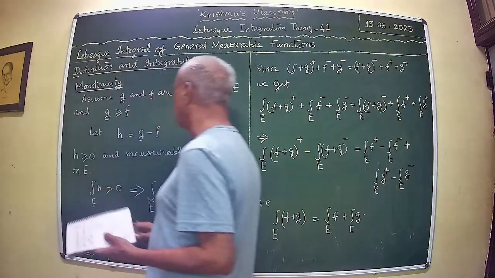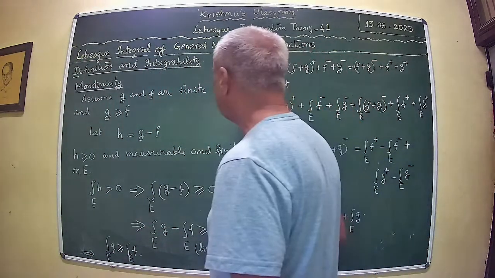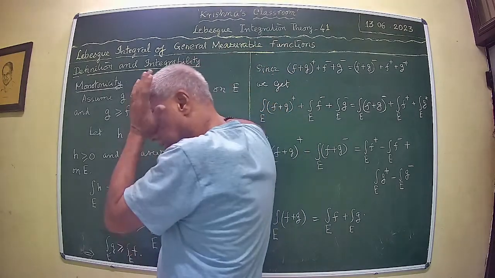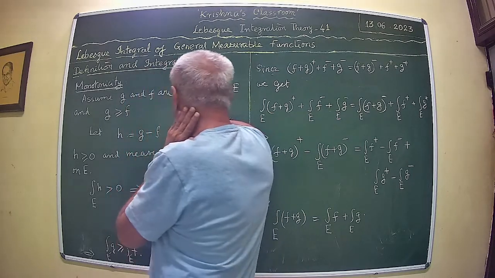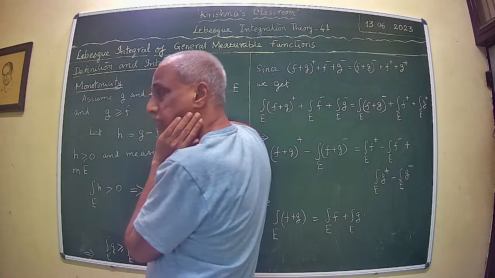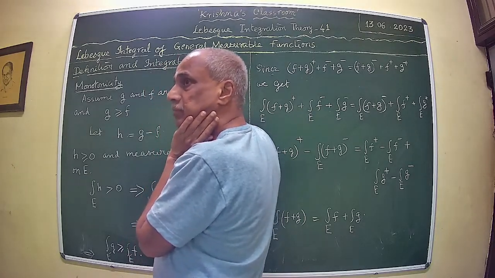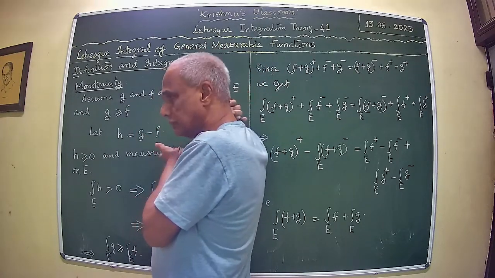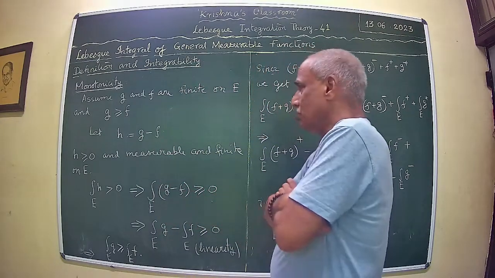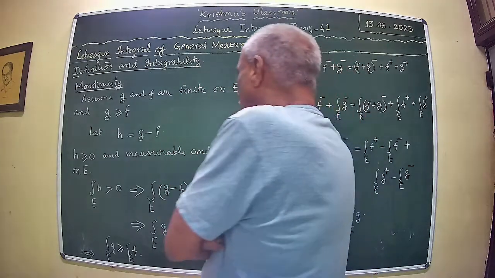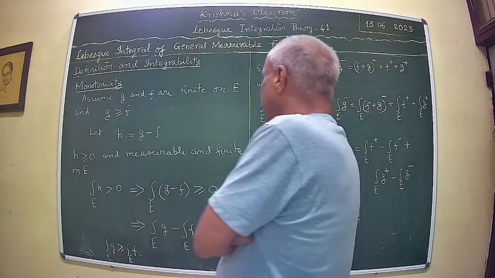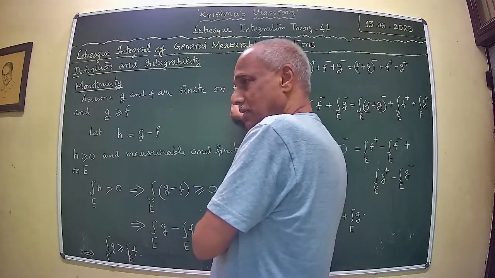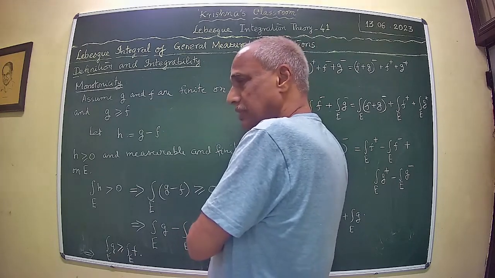Now here I want to make a remark that we are assuming f and g are finite on E. But essentially our assumption is that both f and g are integrable over E, which means that except on a set of measure 0, g and f are finite only. So by the previous remark that we have made, it follows that g and f are finite on a subset A of E, and E slash A has measure 0.